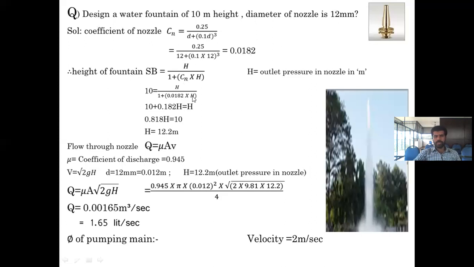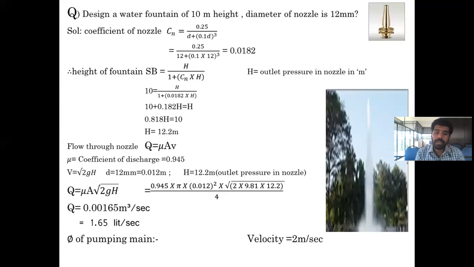Equate this and find the value of h. You'll get h as 12.2 meters, which is the outlet pressure in the nozzle.